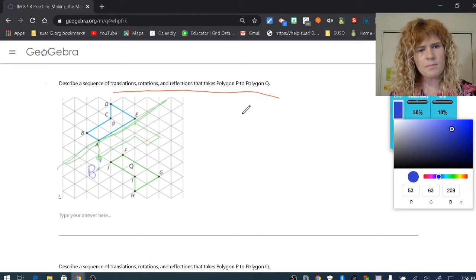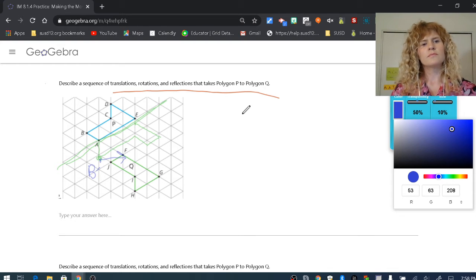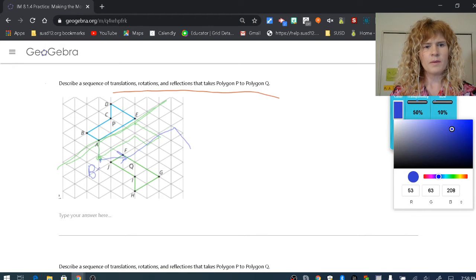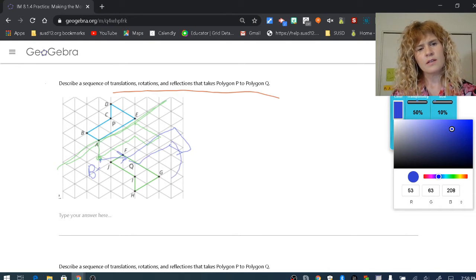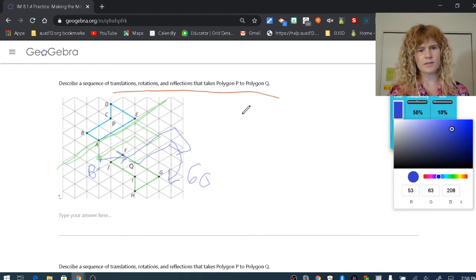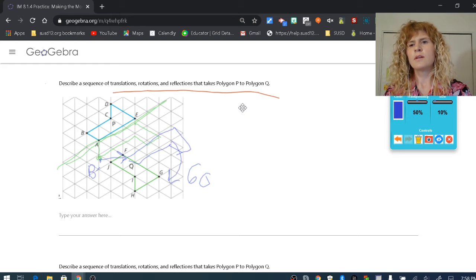I would translate B prime to F. If I did that, then my image would be about here. Finally, I'd use a 60-degree rotation clockwise. Let me type in my answer.